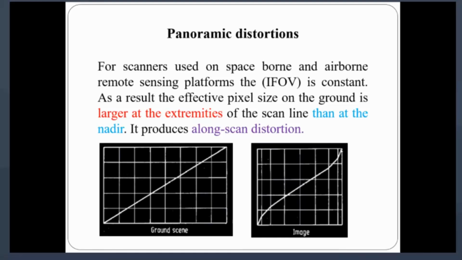So this type of image you will have. At the end you cover a larger portion, because you are looking at the extreme portions of the data. This type of distortion will occur when you have large swath capturing cameras. This does not usually happen when you have a smaller swath of the satellite sensor.